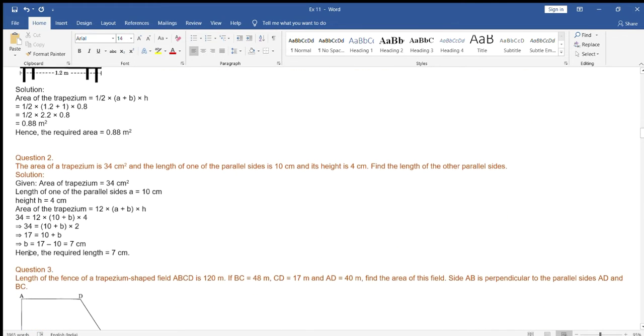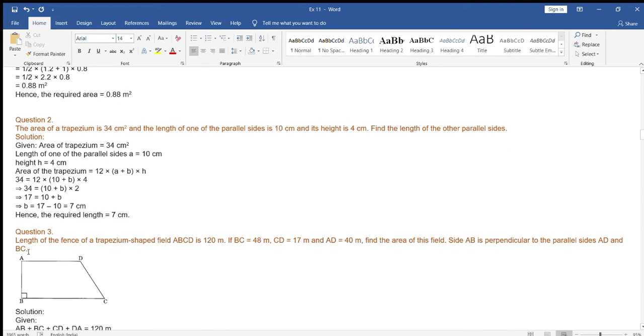Okay, come to question number two. In our second question, the area of a trapezium is given to us. The next thing given is one of the parallel sides, which is 10, and the height, which is 4. We have to find the length of the other parallel side. So just see what is given to us. We will use the formula for the area of a trapezium, that is half into (a plus b) into h.